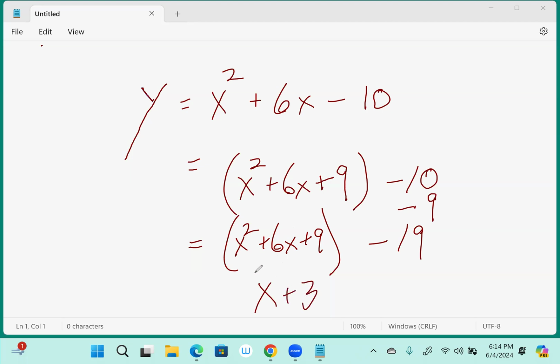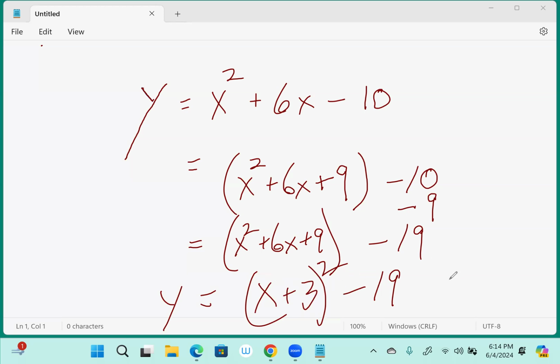In other words, you're always going to be able to write it as that. And then notice what we have now. We have it in vertex form. So by completing the square, we immediately get it into vertex form and we know what to do from here.